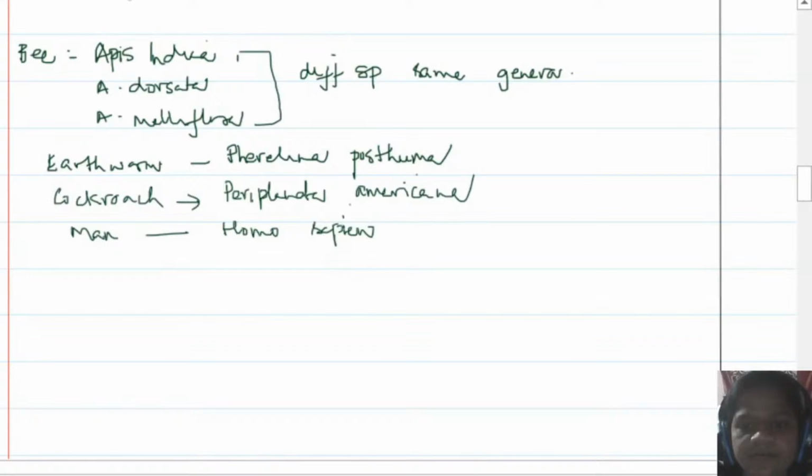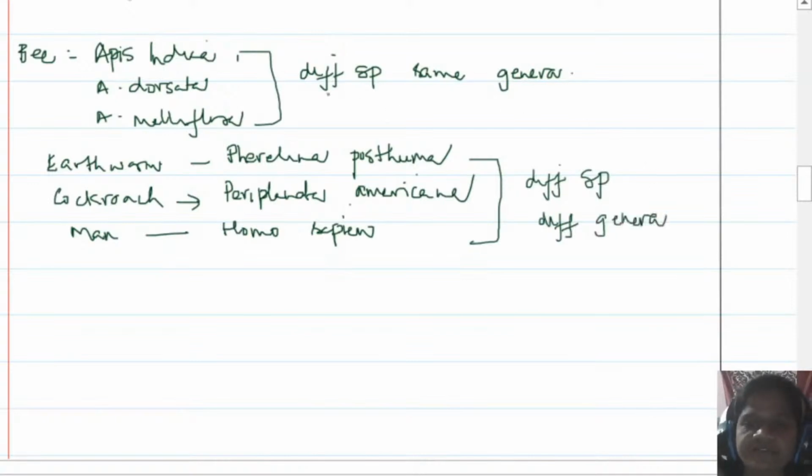This you should know by now, right? These are all different species from different genera. So you understand the difference? They are all bees, but these are different species belonging to the same genus. These are all different species belonging to different genera. Okay? This is different species, different genera. This is different species, same genus. Okay? All right.